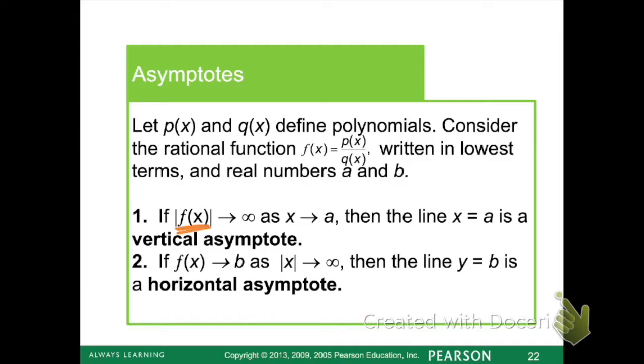If the absolute value of my y value goes to infinity, so shoots up or shoots down, as x goes to a, so as x gets closer to some number on the x-axis, then x equals a is our vertical asymptote. Likewise, if my y value goes to a certain number, say b, as the absolute value of x goes to infinity, then the line y equals b is a horizontal asymptote.